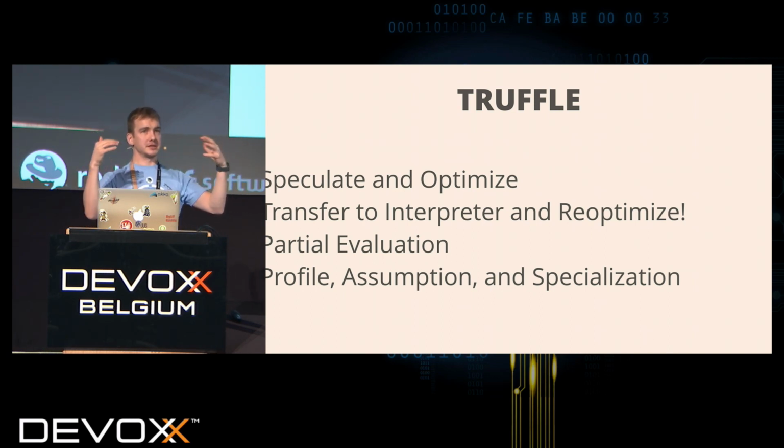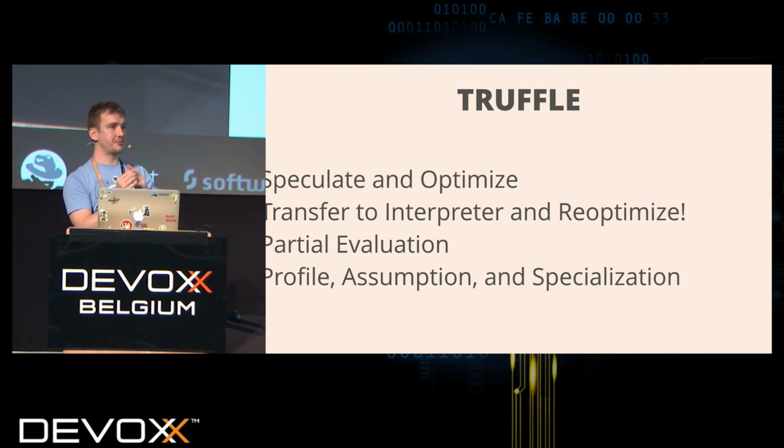So it's a framework that is aware that you would like to run your programs fast, and it can speculate about what execution paths are taken in the tree of your language, and it works really well with Graal.